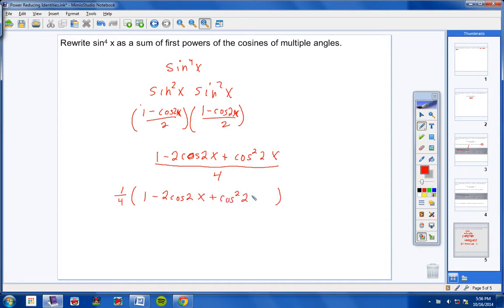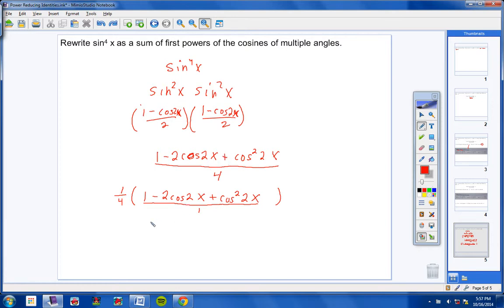Let me show you why I could do that. If I were to put this whole thing over 1 and then multiply this 1/4 back through, I would get this right here exactly. Would I not? Sure I would. You would have 1 times the whole top, which is just the top, and then 4 times 1, which is just 4, okay? So all of that there would definitely make sense.